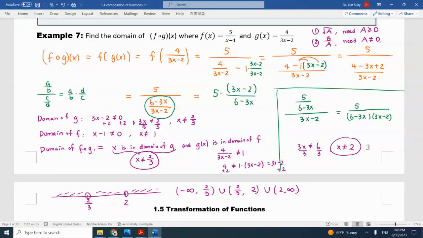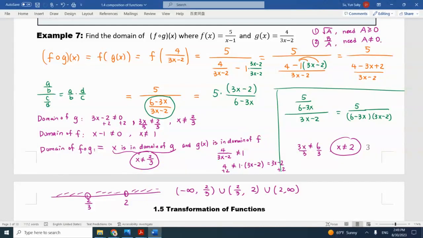Then you add 3x on both sides. You get 3x not equal to 6, and you divide by 3. So you get x not equal to 2. So by looking at the formula, you only get x not equal to 2. So you actually miss this information. You need both. Okay, everybody?